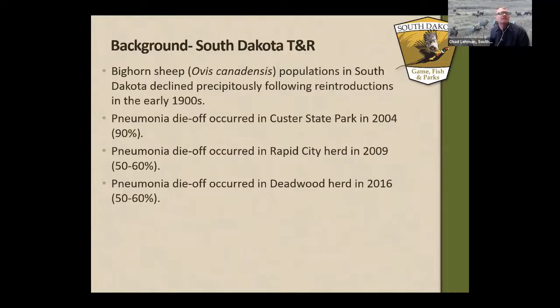And then more recently, we had a pneumonia die-off in 2004, where we had 90% of our sheep population die. Rapid City herd in 2009, we saw 50 to 60% die off. And then in Deadwood in 2016, we also saw a major die off in that herd as well.